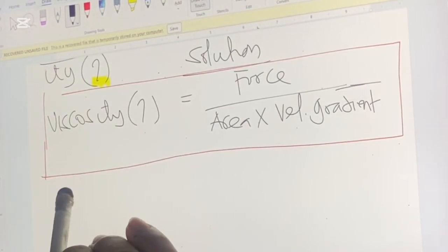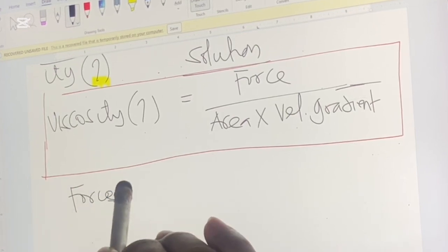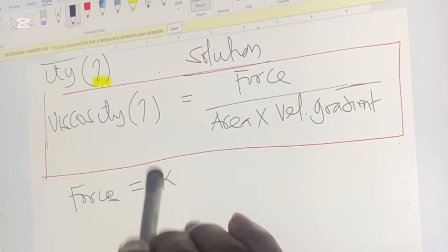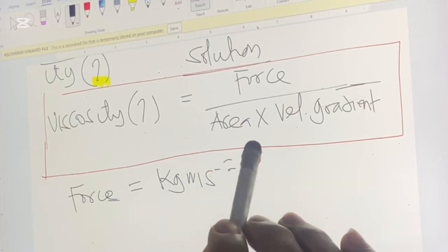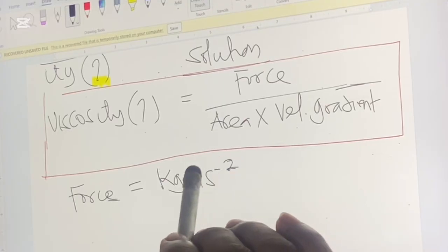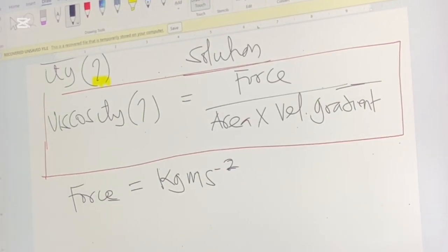The first is force, and the unit is kg meter per second square. Please take note of this. The next here is area.